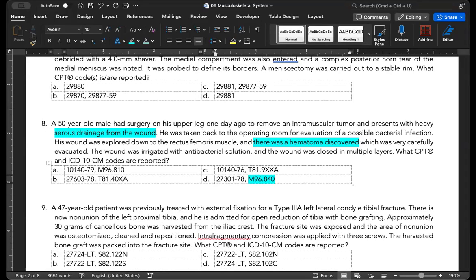Irrigation, and a hematoma was evacuated. The hematoma was evacuated. Yep. So the evacuation is going to be the procedure. So let's go look at evacuation. I don't know if it's under that one or not, but let's go look at it.